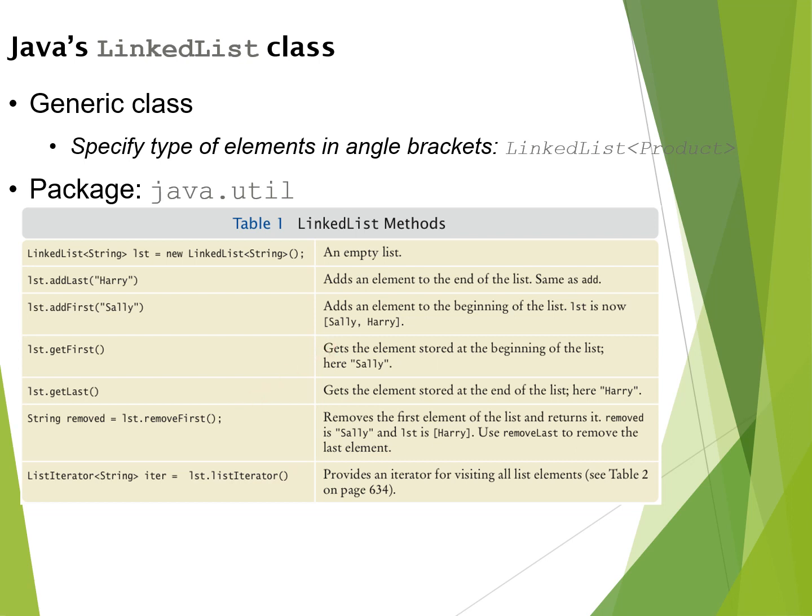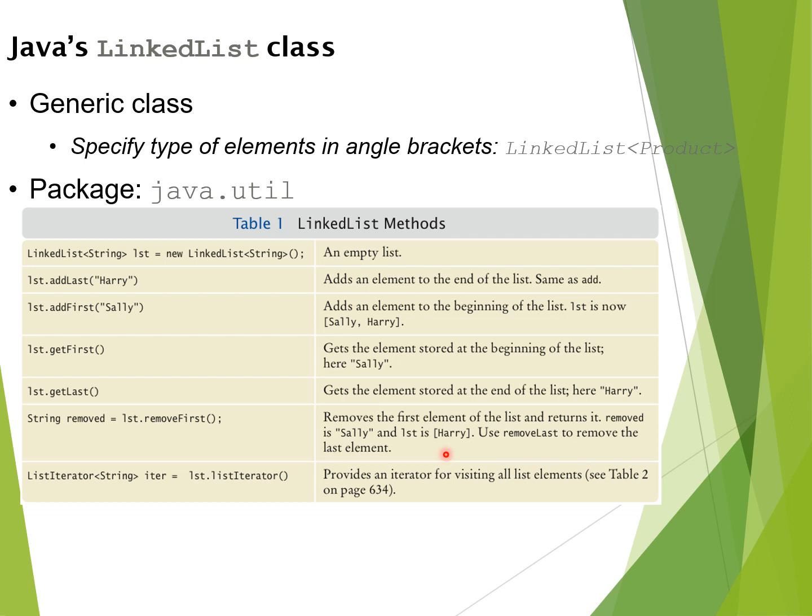And then you can remove a node from the beginning of your linked list by calling remove first. So if I call remove first in this linked list, it removes the first element of the list which contains the string Sally, and then the list becomes a list of only one string which contains Harry.